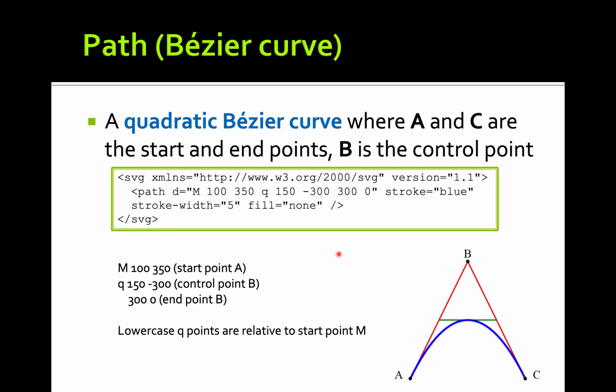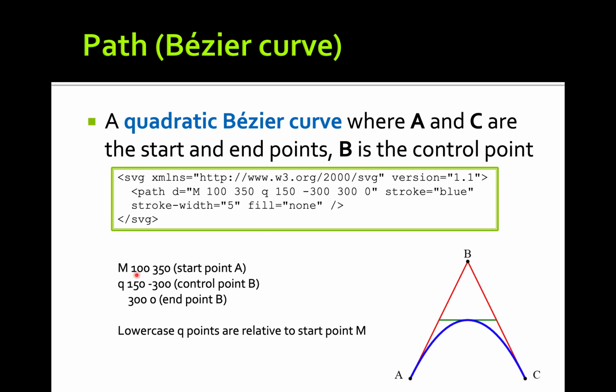In any case, we have one control point, and a lowercase q means points are relative to the start point of M. So we are not making it fixed, because it's a small case. Relative to the starting point of M, we are making the things together.